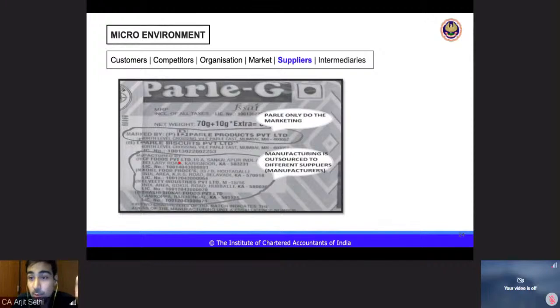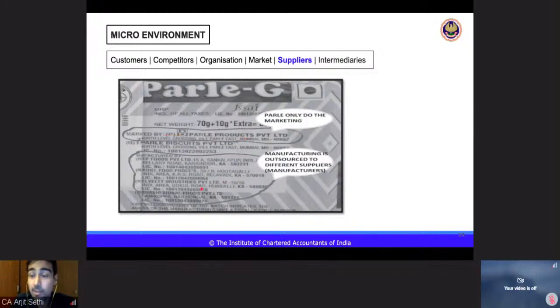Someone is providing those biscuits, someone is providing the packaging, someone is providing printing, someone is providing something else. So they have a lot of suppliers who are combining to make that product. However, it is sold and marketed by Parle-G.